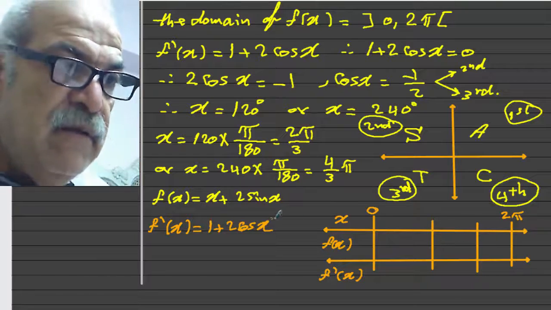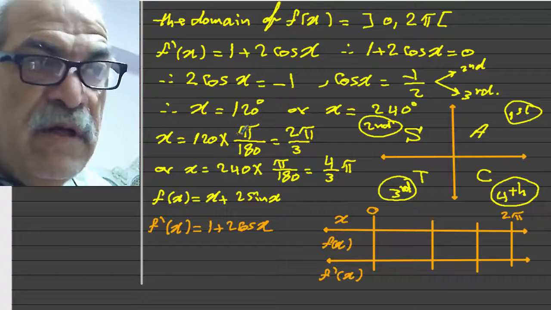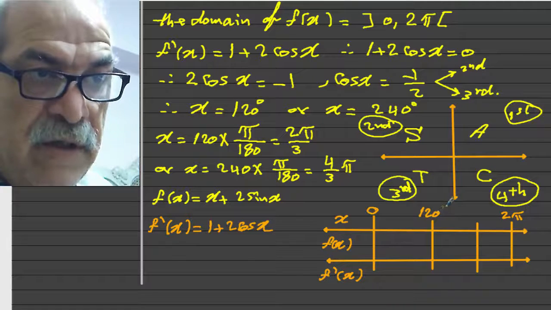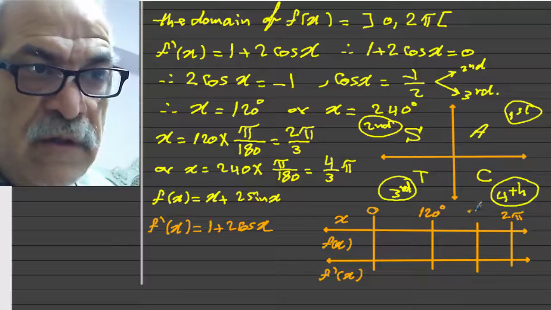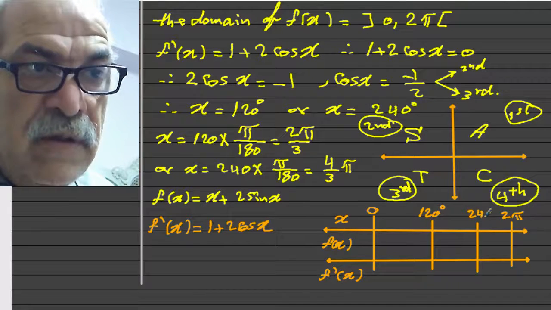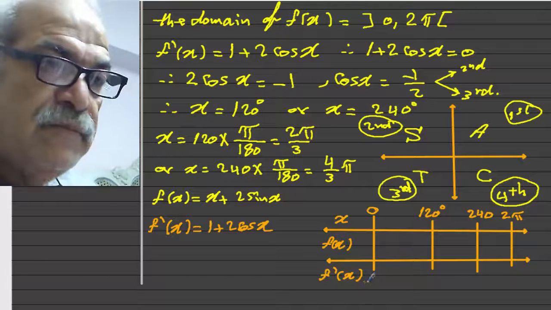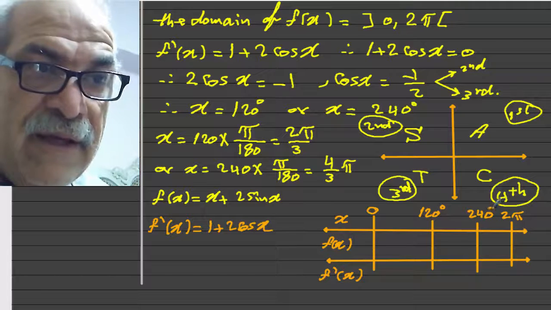And we have x equals, you can write 120 degrees here, and also you can write 240, and we check the sign of f dash of x about these two values of the angle.